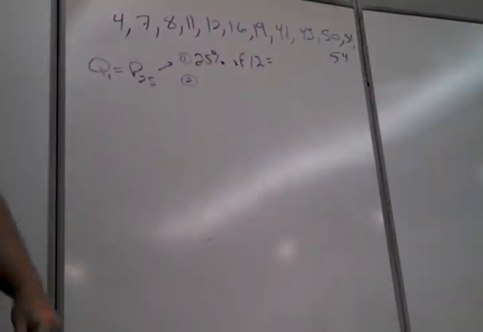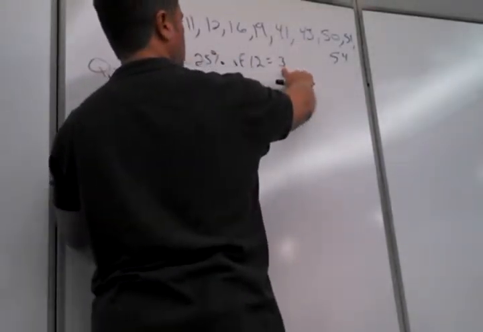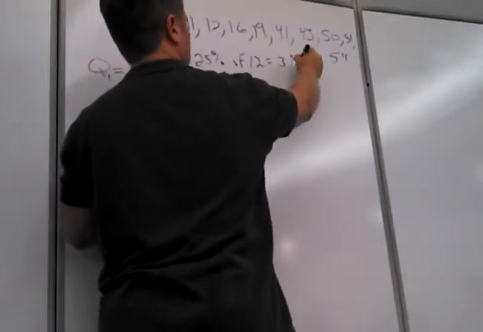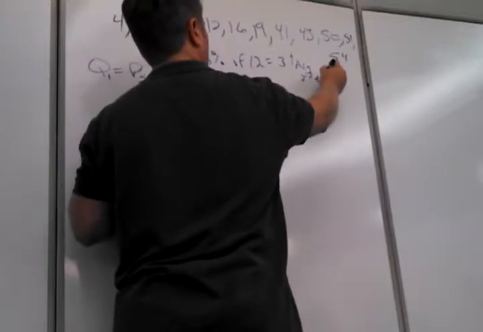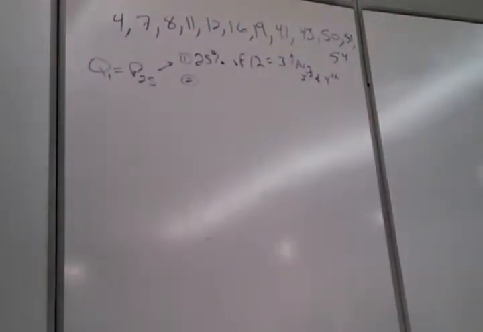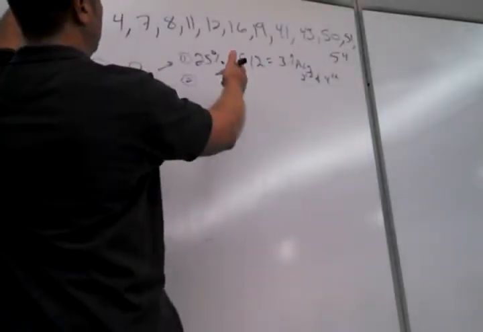3. Yeah, so 1/4 of 12 is 3. When you get a whole number, what do you do? Average the third and fourth. Anything else, you round up and you grab that number. Okay, so what's the third and fourth number? 8 and 11.